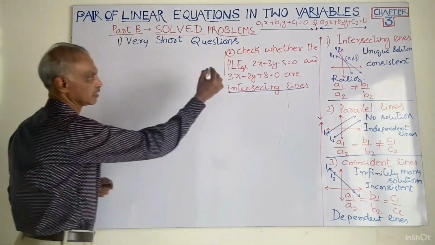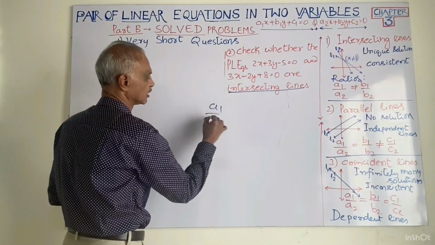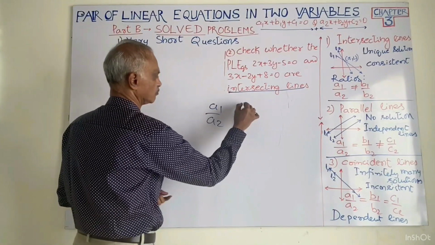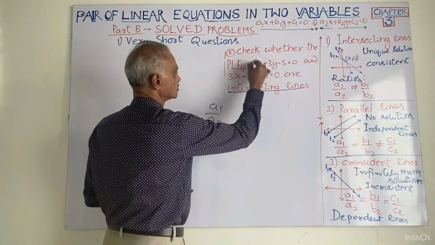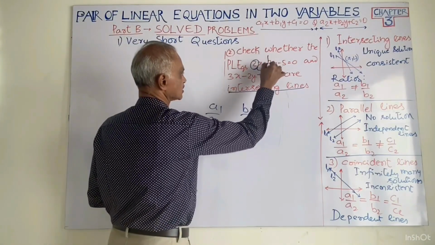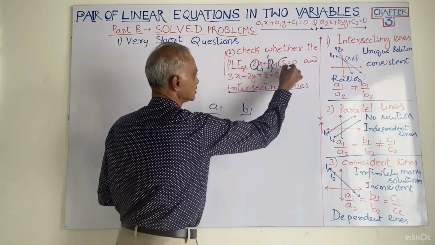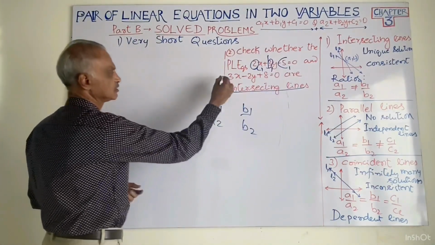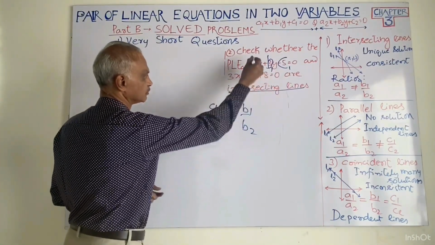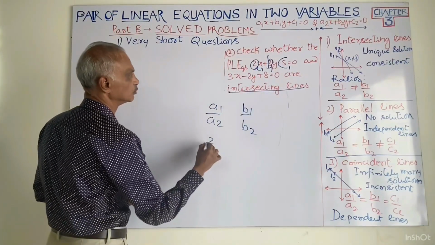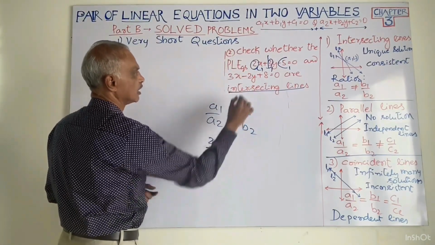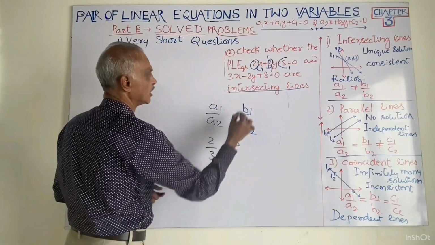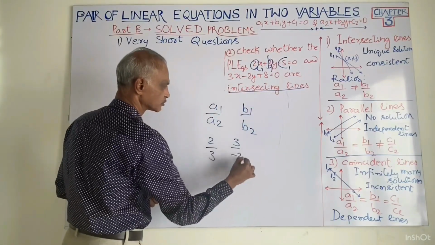Let us check A1 by A2 and B1 by B2. This is A1, this is B1, and this is C1. This is A2, B2, C2. A1 is 2, A2 is 3, B1 is 3 and B2 is minus 2.